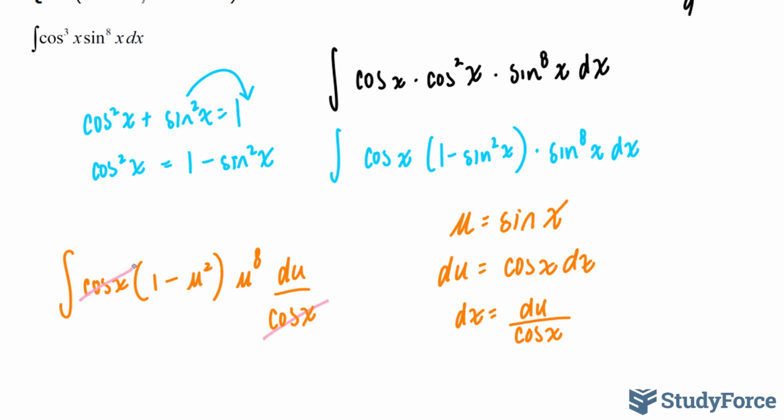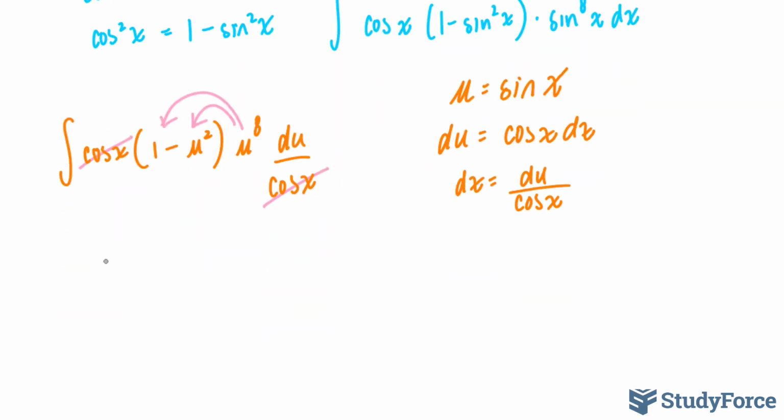These will cancel out. I'm going to multiply this u to the power of 8 inwards, and I end up with the integral of u to the power of 8 minus u to the power of 10 du. Taking the integral of these two terms is really easy. U to the power of 8 becomes u to the power of 9 over 9.